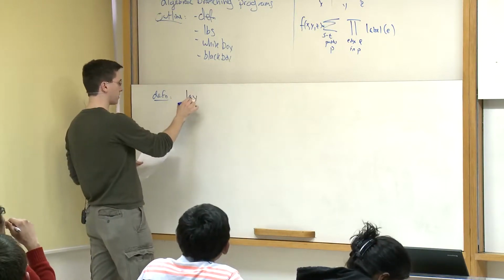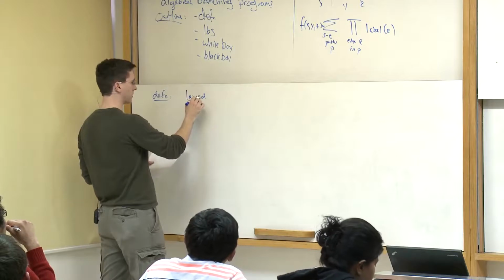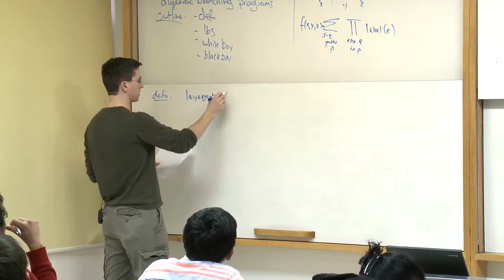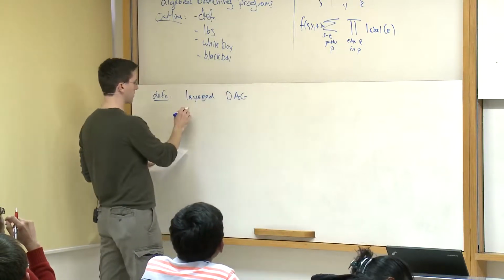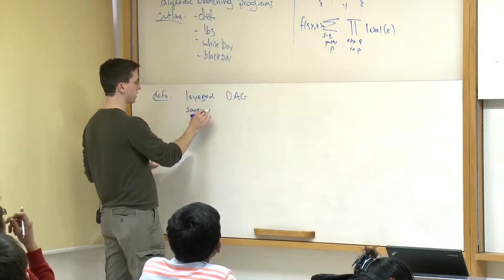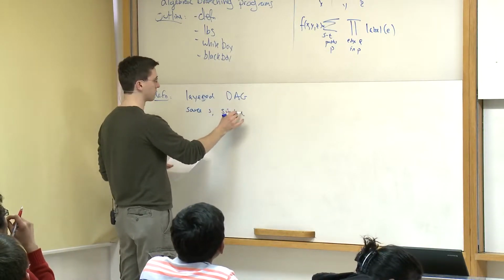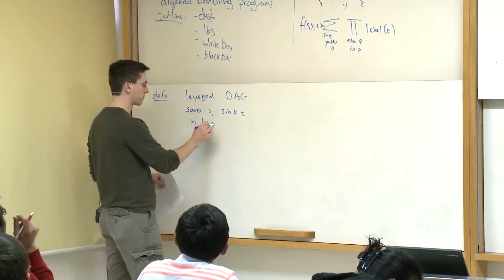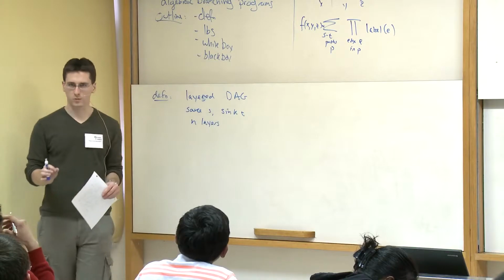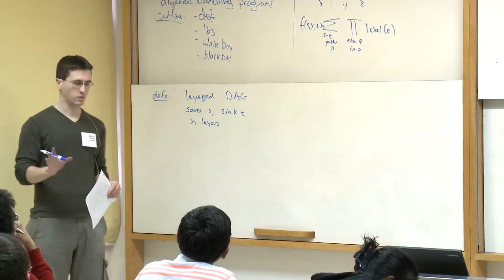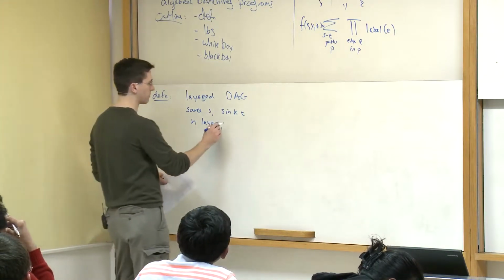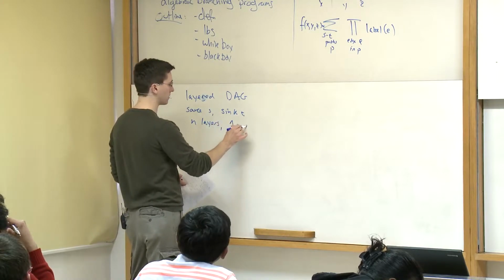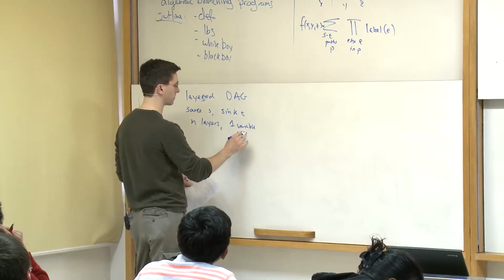You have a layered directed acyclic graph. You have a single source S, you have a single sink T. You're going to have n layers. Remember, all my polynomials are in n variables. So each layer will have 1 variable associated to it.